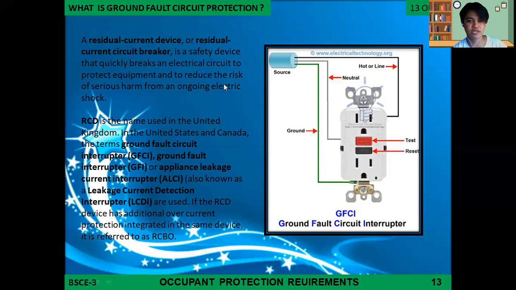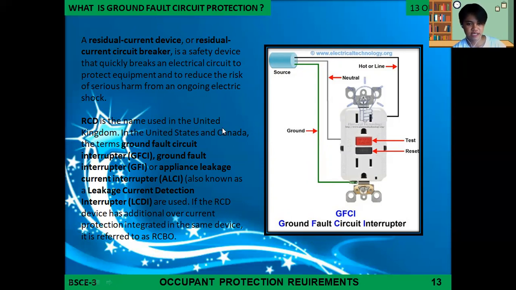Yung para ma-reduce at maiwasan yung mga short circuits, electrical circuits, para maiwasan yung ongoing electric shocks. Ito yung example ng ground fault circuit protection. Ito yung test and reset para ma-reduce ang risk of serious harm from ongoing electric shocks, lalo na sa mga kabataan.